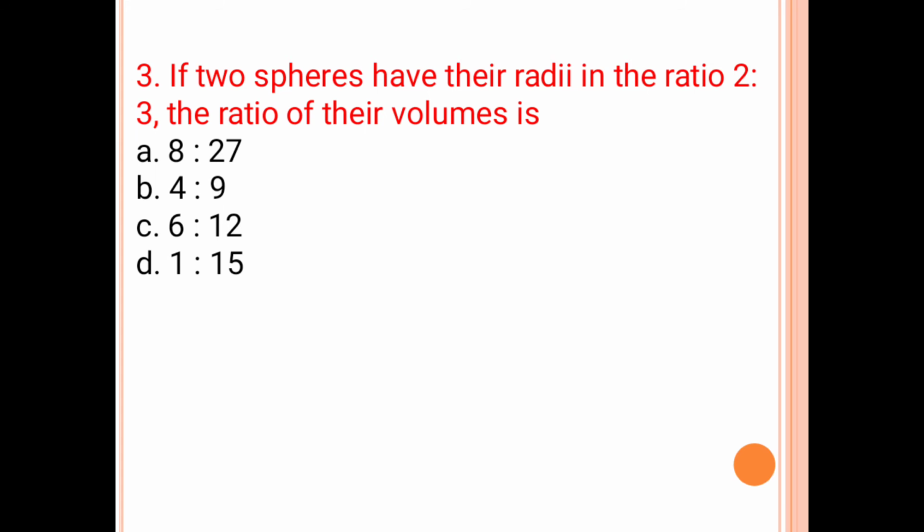That is 2 cubed is to 3 cubed. What is 2 cubed? 2 into 2 into 2, 8. What is 3 cubed? 3 into 3 into 3, 27. Then what is the ratio? 8 is to 27. So that is the first option.